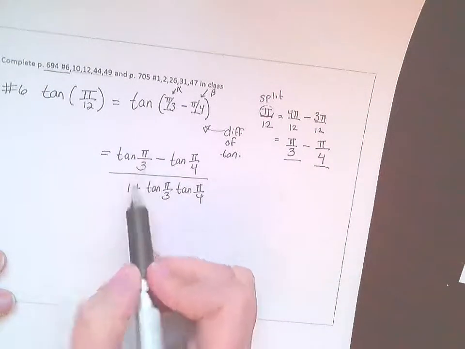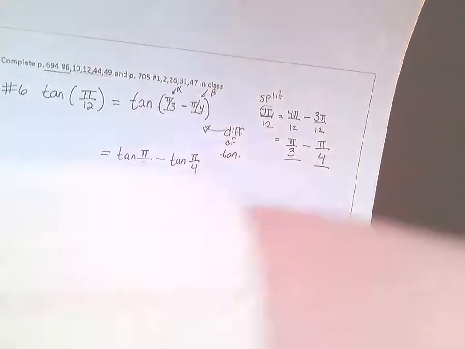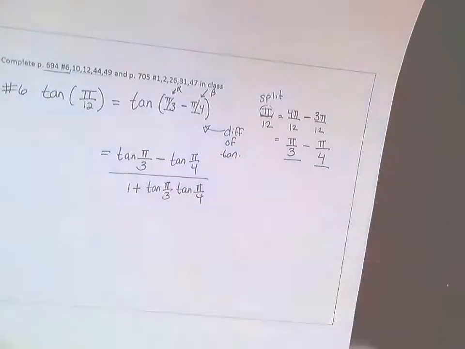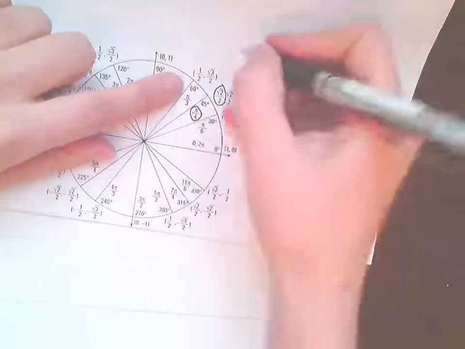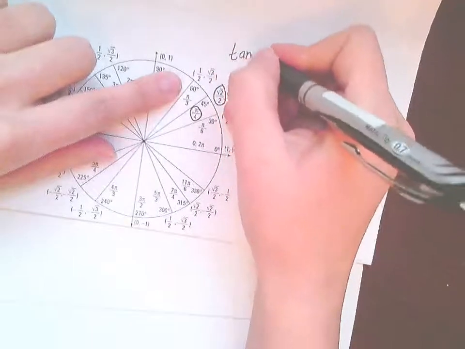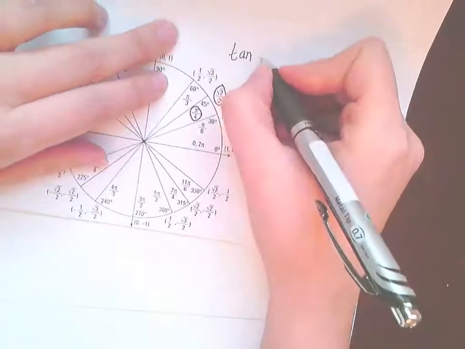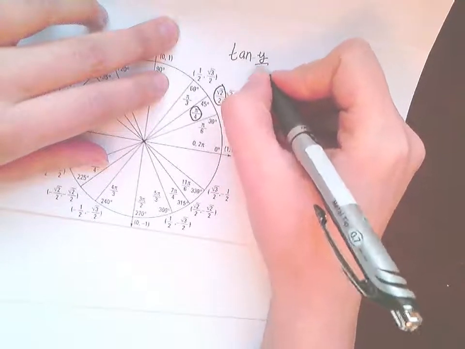And now I just replace. I know what tangent of pi over 3 is, based on the unit circle. Let me find my unit circles. I might have thrown them out. There we go. So based on my unit circles, here's pi over 3, and if we remember, tangent is just sine over cosine, so it's going to be y over x, right?